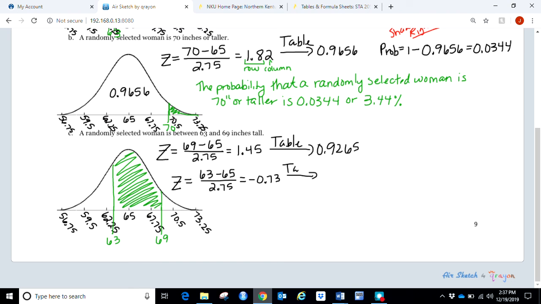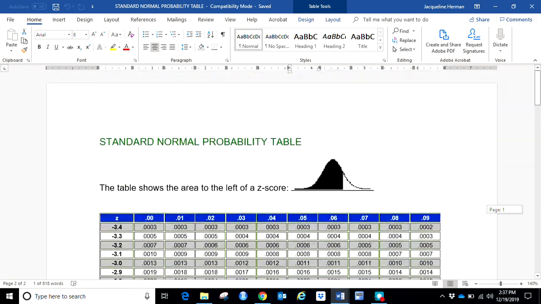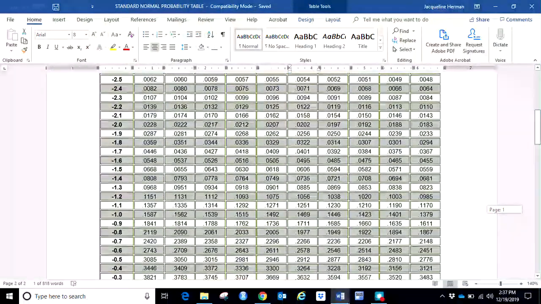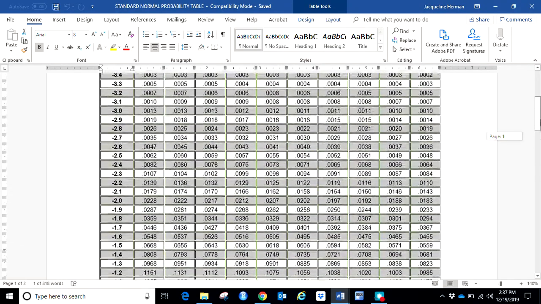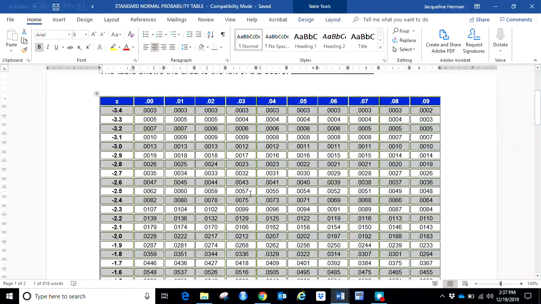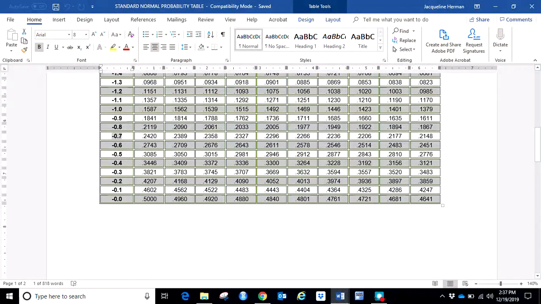Then we're also going to take that -0.73 to the table. Again, the -0.7 is my row, and the 3 is my column. So now I'm on the negative page. Here's that -0.7. The 3 column is that fourth column here. Where those match up is 0.2327.